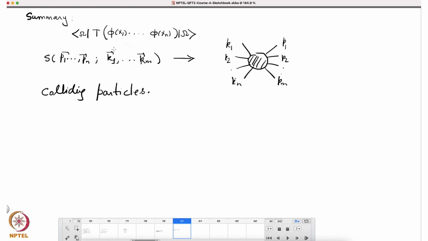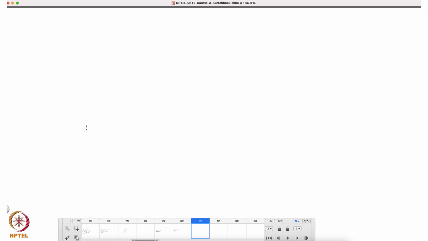Okay. So, these experiments are usually called collider experiments, and these facilities where such experiments are done are called colliders, because they collide particles. So, one such very important collider is LEP, which is the Large Electron Positron collider.